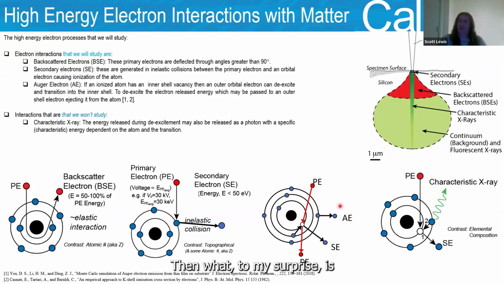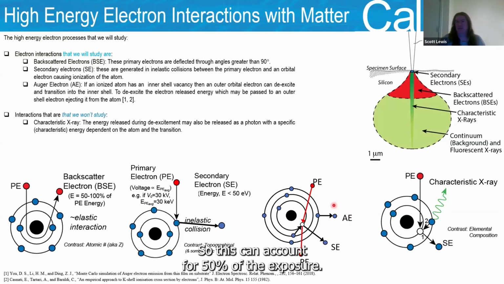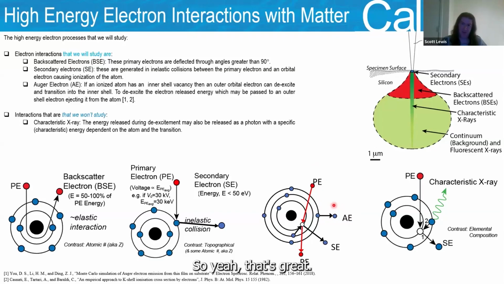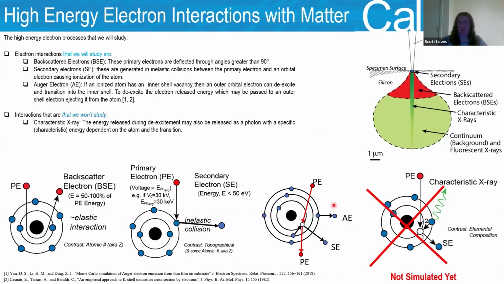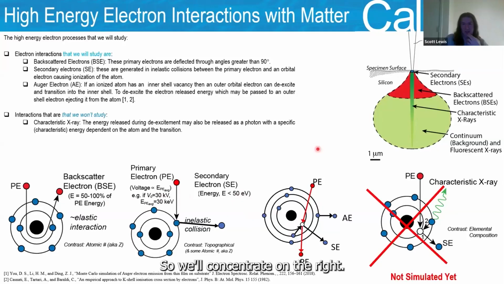And then, to my surprise, I can tailor this depending on what atom is scattering off, so that this can account for 50% of the exposure. So for EUV, that's great. So yeah, that's great. What we're not going to do is essentially generate X-rays. Okay, we'll save that for another day. But the probability of generating X-rays is quite small compared to these, so we'll concentrate on these.